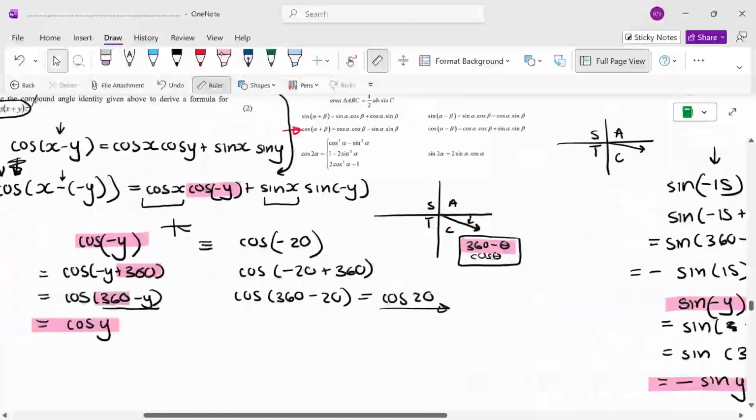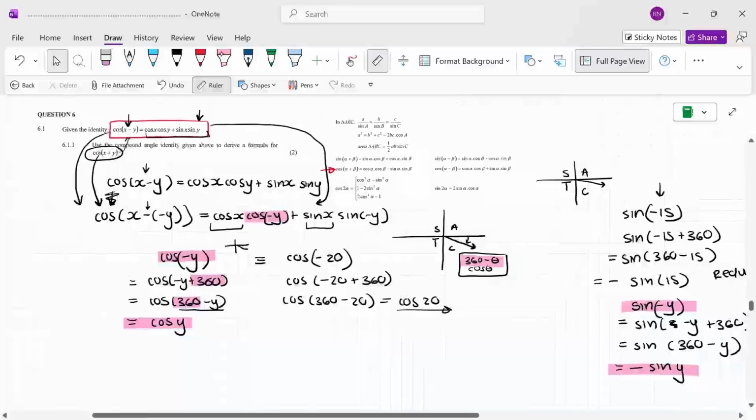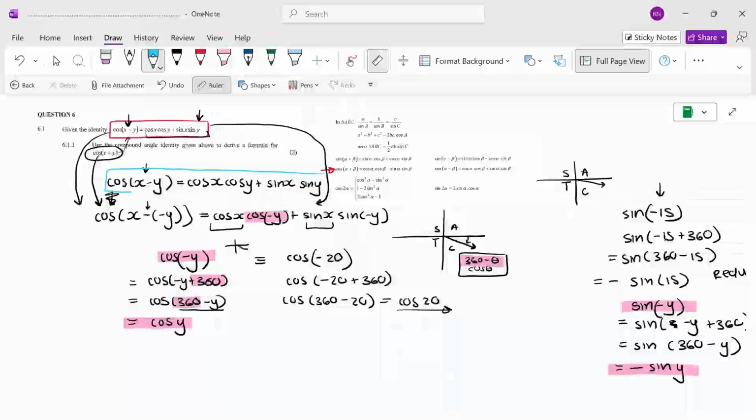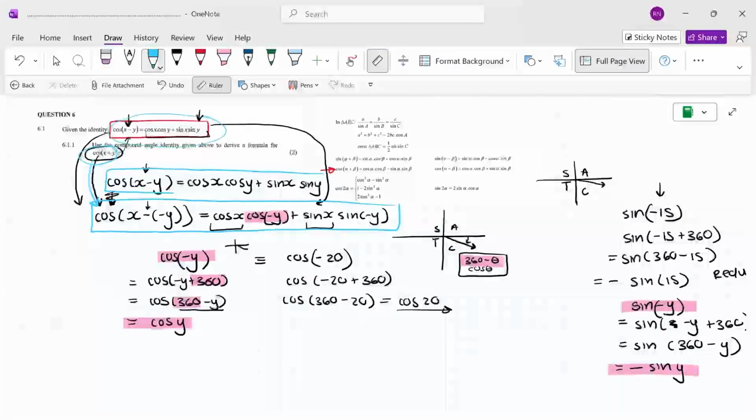Okay, so now let's put that into what we have here. We were here. We've just written this as cos of x plus y. We wanted to rewrite it with a negative here because that's the identity we were given.